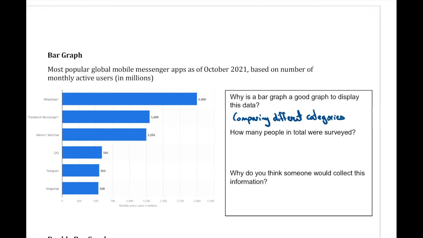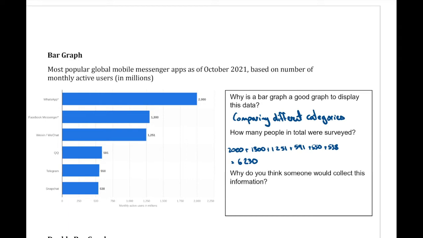Well, if we go through, we have 2,000 plus 1,300 plus 1,251 plus 591 plus 550 plus 538, which equals 6,230.